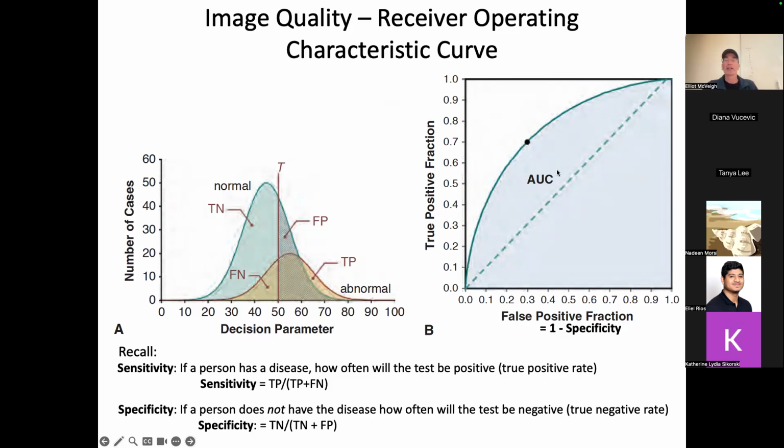And the area under this curve is often used as the relative indicator of the performance of the technique. So if you decide, oh, I'm going to add this new parameter to my decision, and the AUC curve moves farther to that corner, then you've improved the test. And people give the area under this curve as an indicator of the performance of the test.